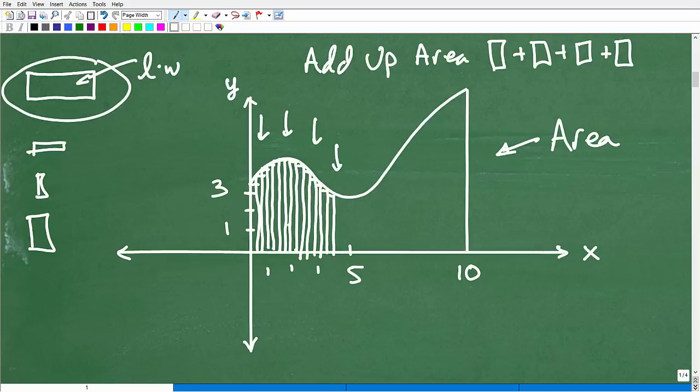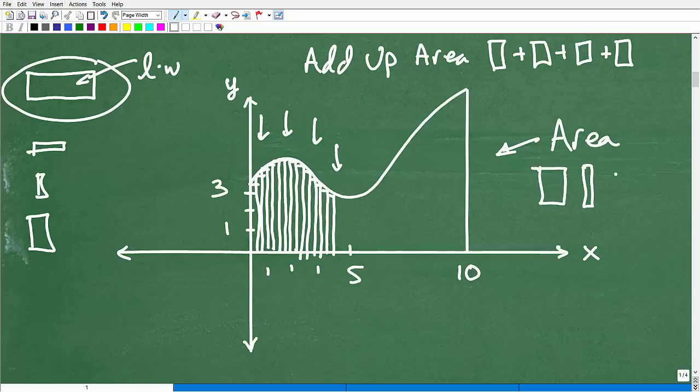But take a look at what's going on. This is getting pretty nice, right? This is going to be a pretty good estimate of the area of this squiggly shape, okay? So what's the lesson learned here? If I want to get a more accurate area of a particular shape, I want to use skinnier rectangles.